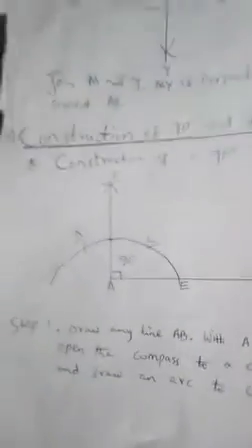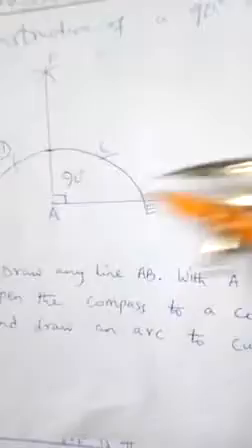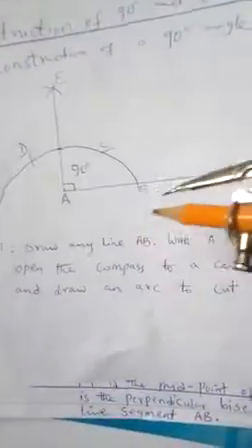Okay, in constructing angle 90, draw a line segment AB, with A as the center.